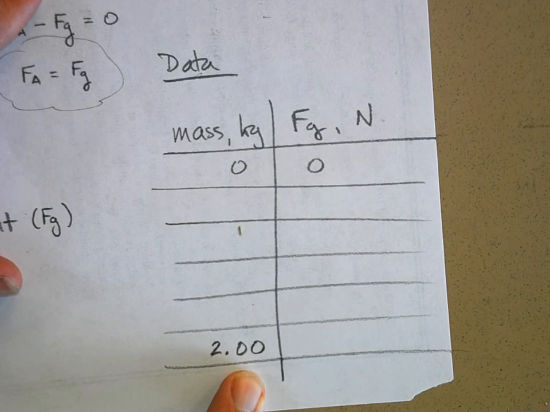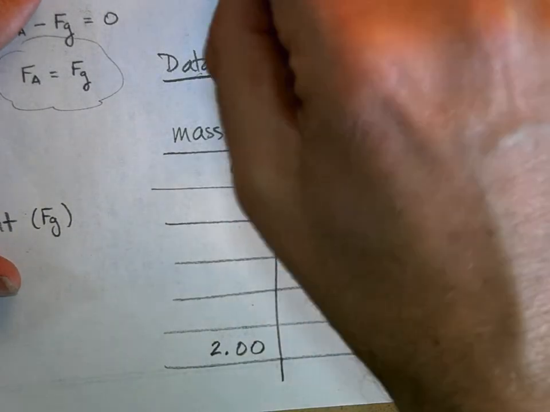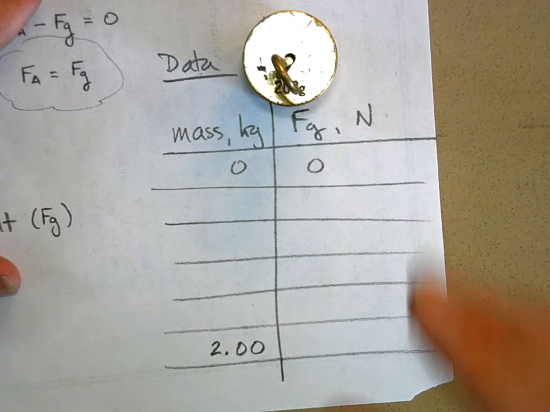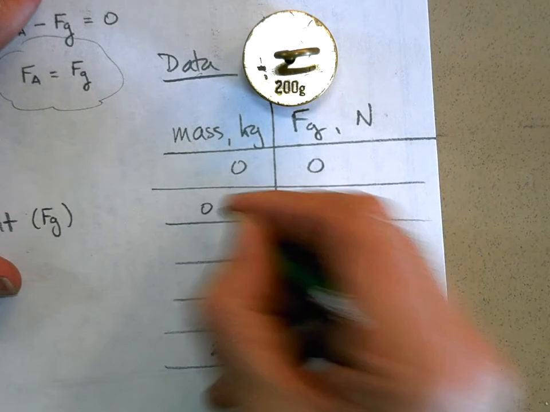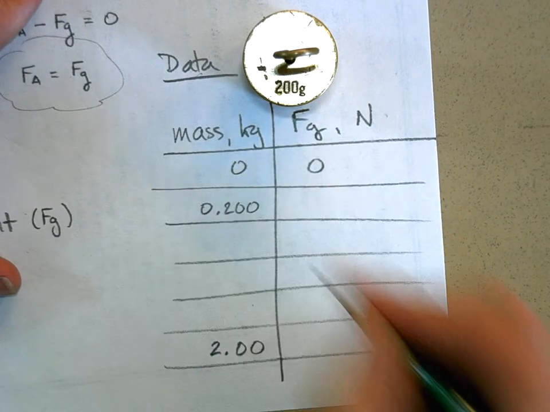You can actually break the spring scale if you go more than that. What's the smallest mass I want you to use? It's this guy right here. The 200 gram. Don't go less than 200 grams. So the first one will be 0. Now 200 grams is 0.200 kilograms.